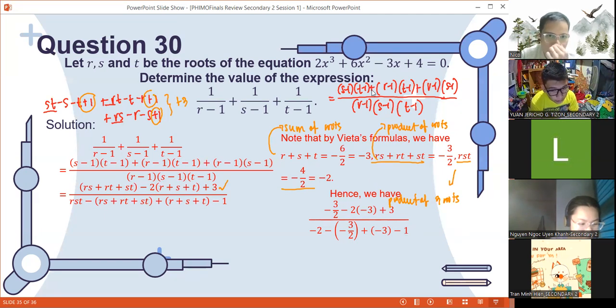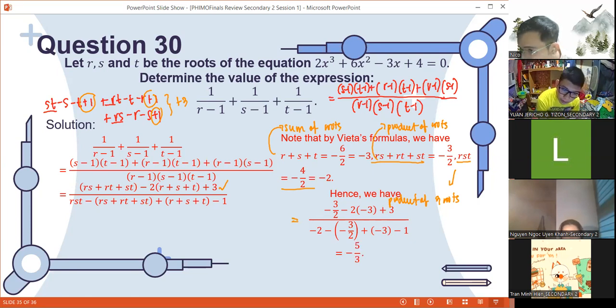So this is the formula here. You just need to simplify further using Vieta's formula. When you're done solving for it, you get negative 5 over 3. So that's the answer.